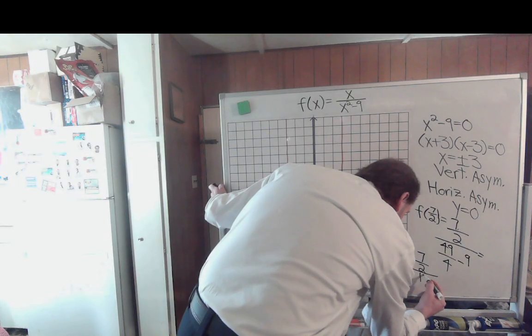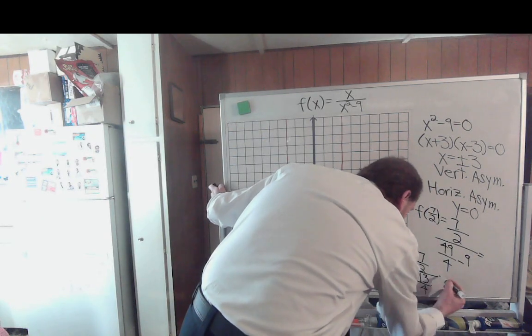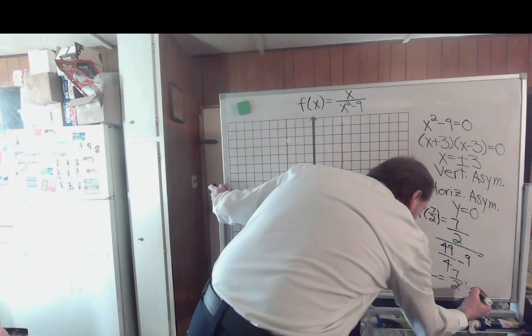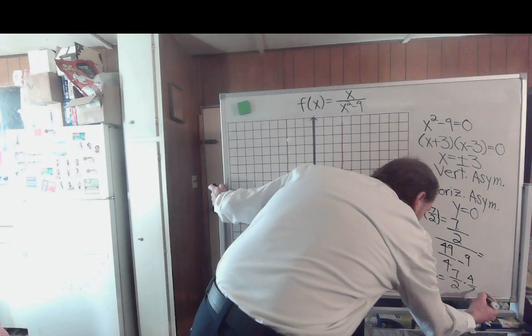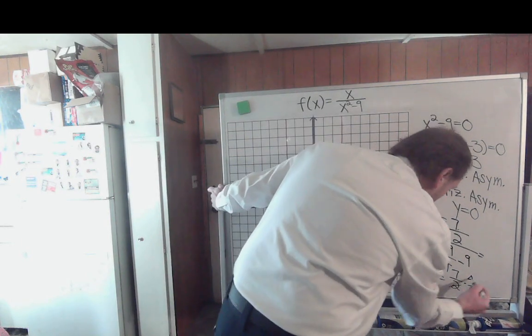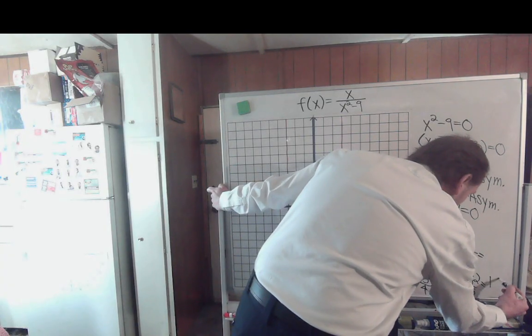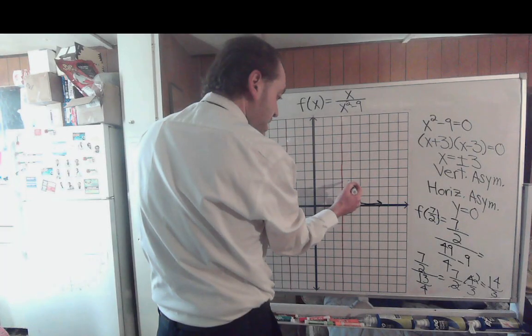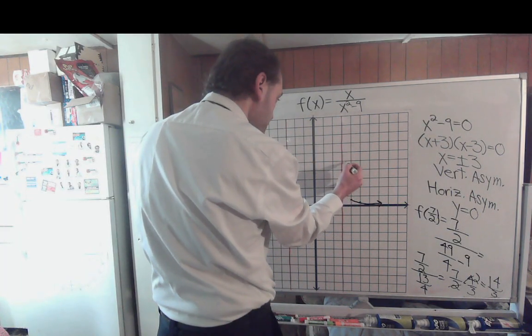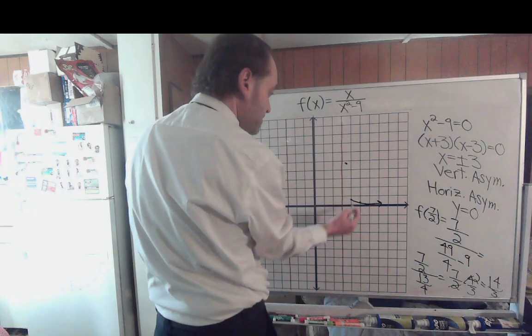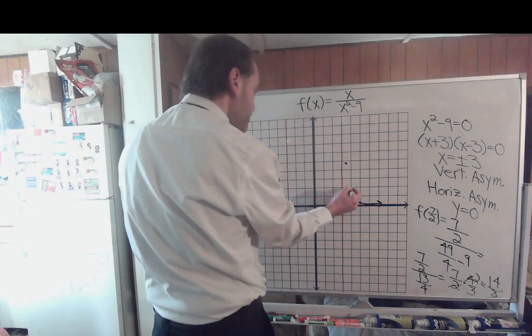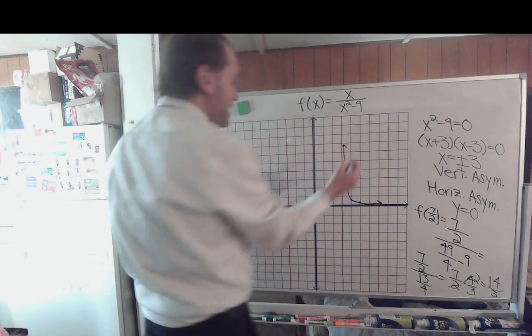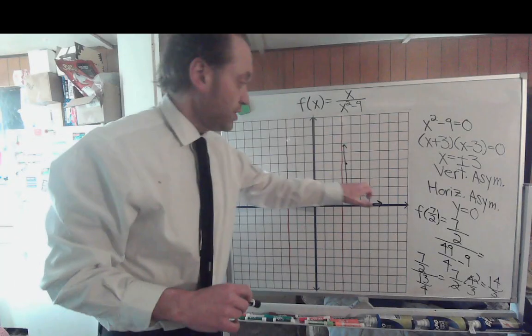So you'd have 7/2 over 13/4, which would equal 7/2 times 4 over 13, which would end up giving you 14/13, which is just a little bit south of 5. That would be 4 2/3 when x is 3.5. So it does a very sharp jump upward towards that asymptote of x equals 3.